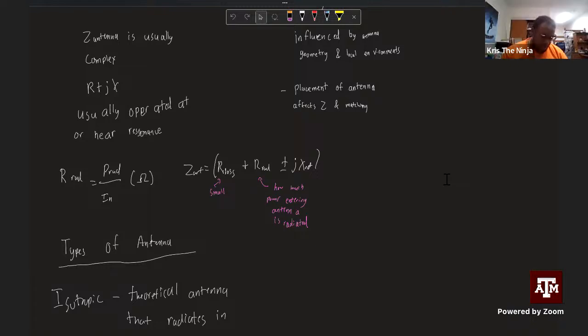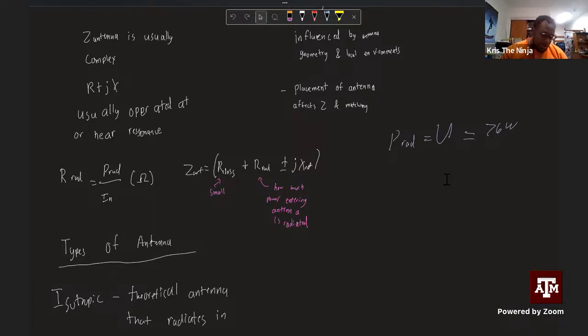Just as an example, let's say our P radiated is equal to 76 watts.